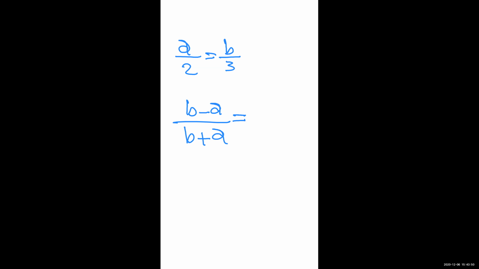Okay, so tell me the steps. I'm listening. Since b equals 3m and a equals 2m, then b minus a over b plus a equals 3m minus 2m over 3m plus 2m.